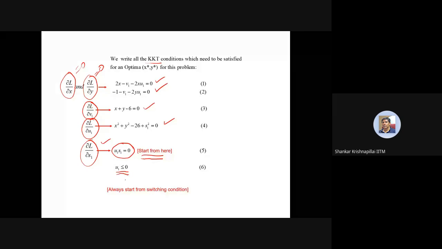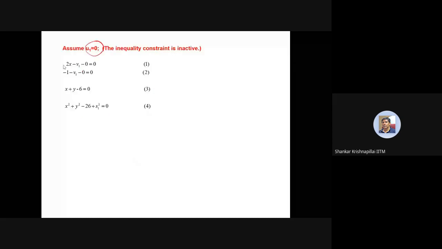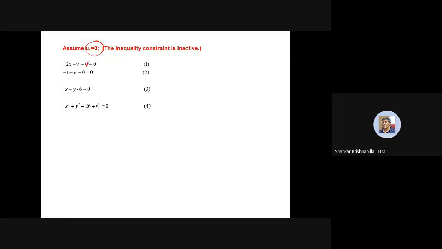So either you put u1 equal to 0 or you put s1 equal to 0. One of them will give absurd results. First, you put u1 equal to 0. When you put u1 equal to 0, the terms involving u1 will become 0.